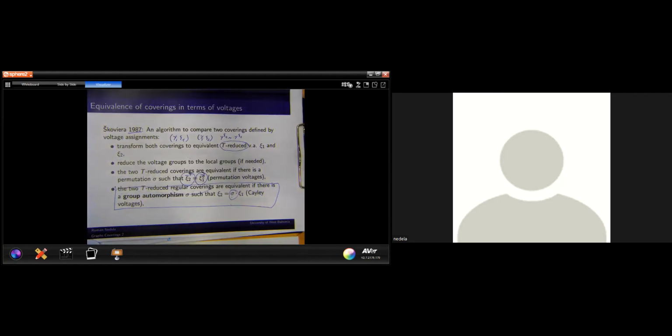There's a note for those who like Riemann surfaces.